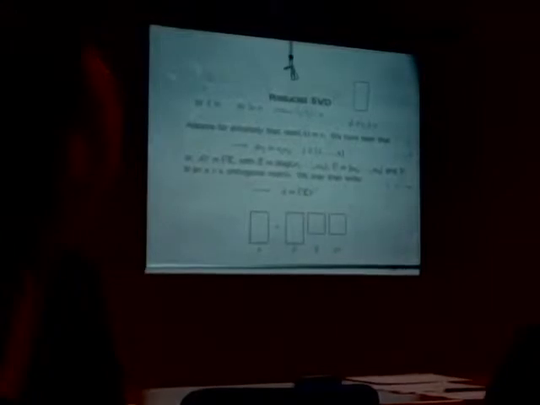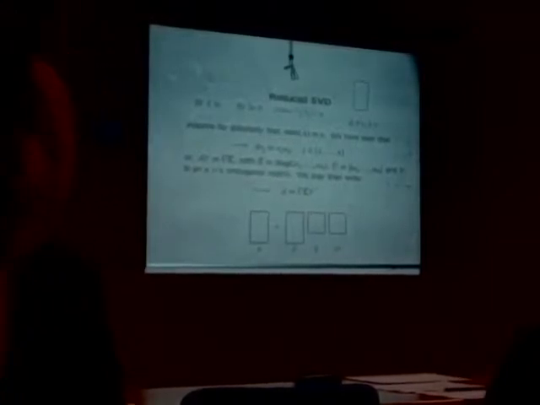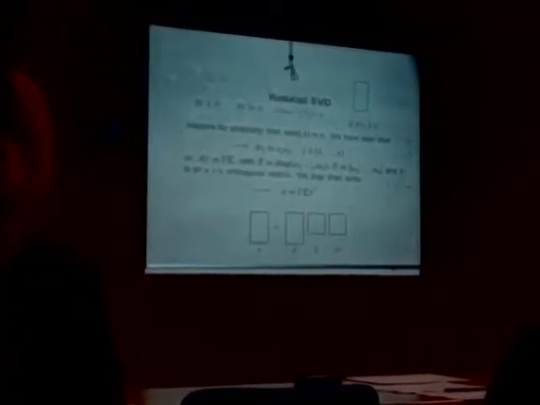So you can also rewrite this set of equations in matrix notation, and this is the singular value decomposition. It's called reduced, for a reason that we will see in a moment, but this is the singular value decomposition.